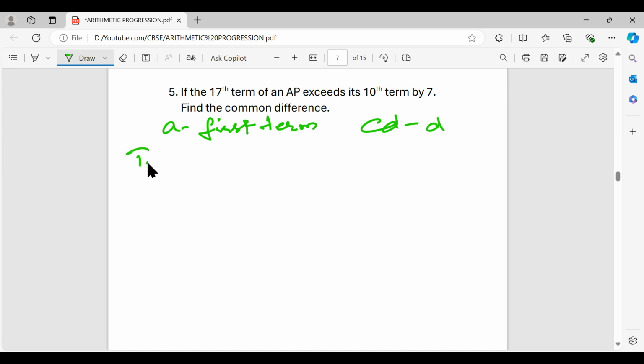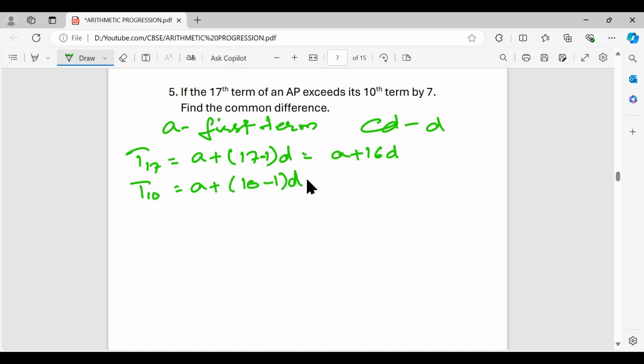See, T17, the 17th term. So a plus 17 minus 1 times d, that will be a plus 16d. And then T10 is a plus 10 minus 1 into d, that is a plus 9d.